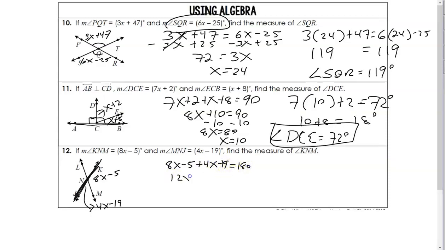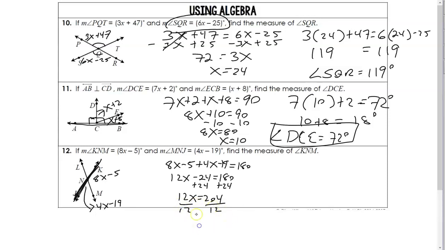Combine our like terms. So we get 12x equals 204, and if I'm right, that's going to be 17 when I divide by 12.